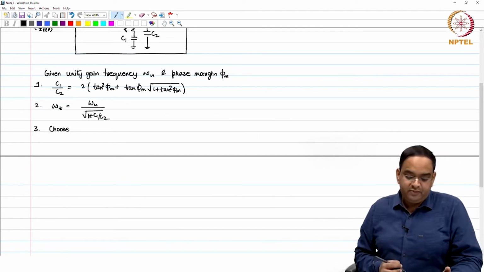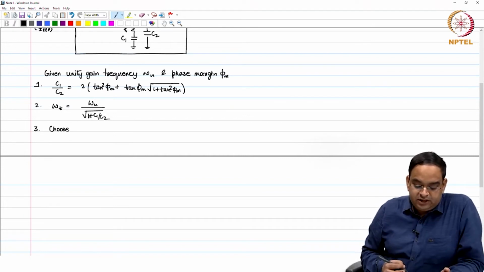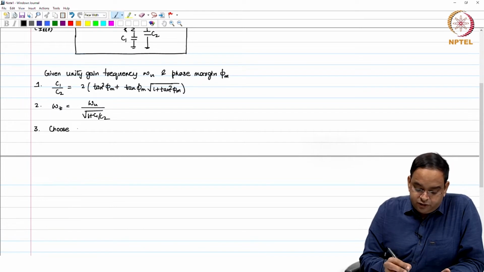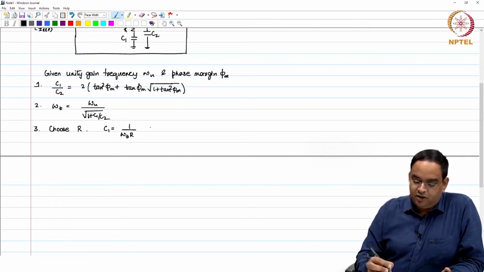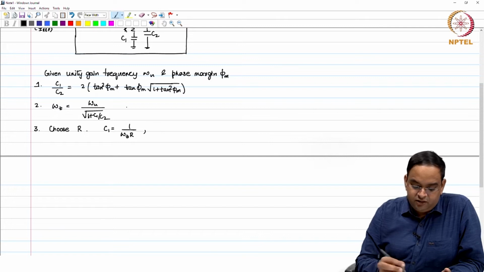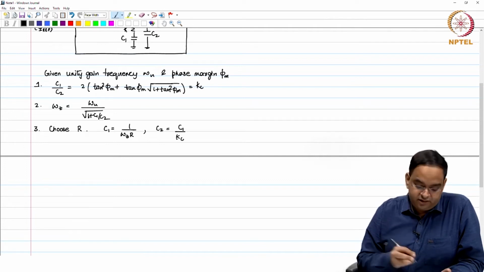Well, that is going to depend on the noise, which will be the topic of discussion in the coming sessions. So, choose resistor R, this will give you C1 as omega z times R. Once you know C1, your C2 is also known, because this constant C1 by C2 is already known. So, C2 is C1 by Kc.